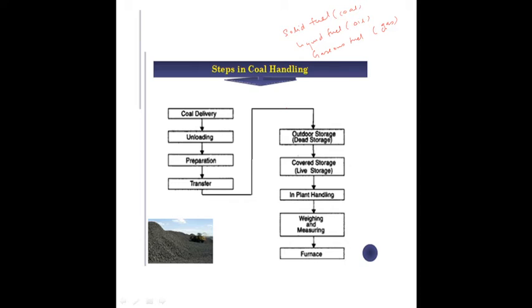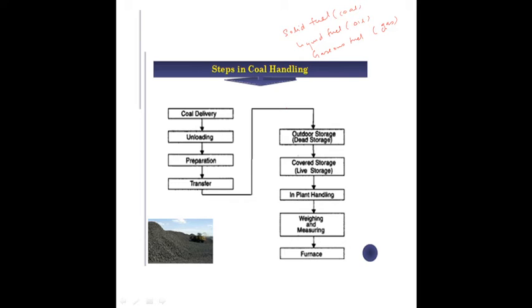Mechanical handling of coal is preferred over manual handling due to various reasons: higher reliability, less labor required, economical for medium and large capacity plants, and operation is easier and smooth.